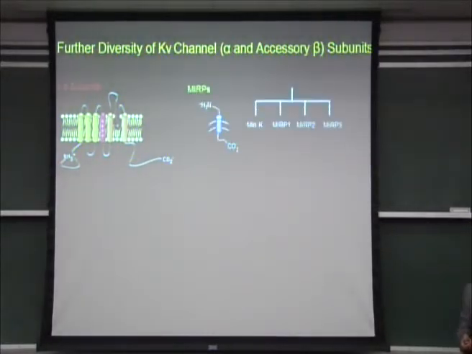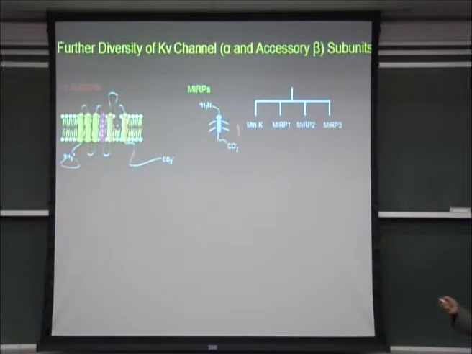So in addition to these pore-forming subunits, there have now been identified a whole host of accessory subunits in this channel. Most of these were identified using yeast two-hybrid approaches, and in a couple of cases using biochemical methods of immunoprecipitation.